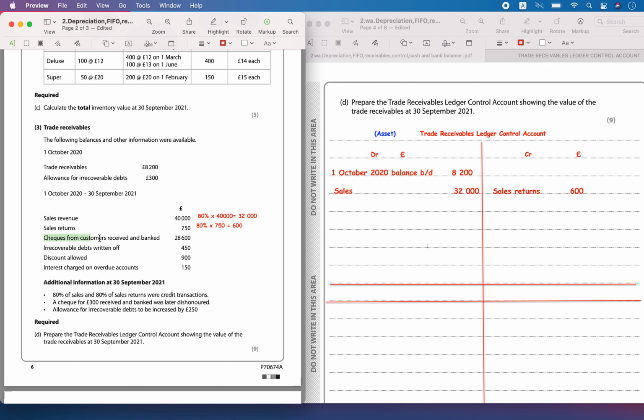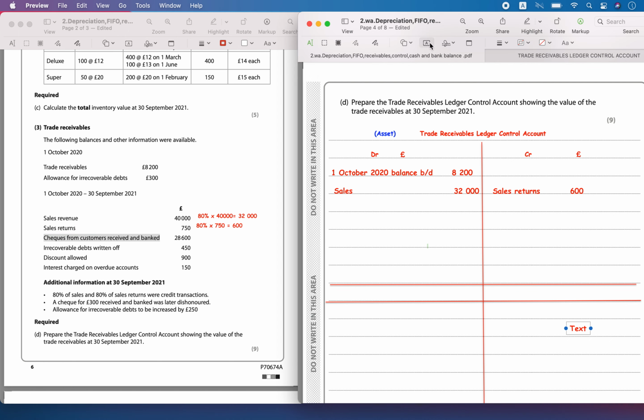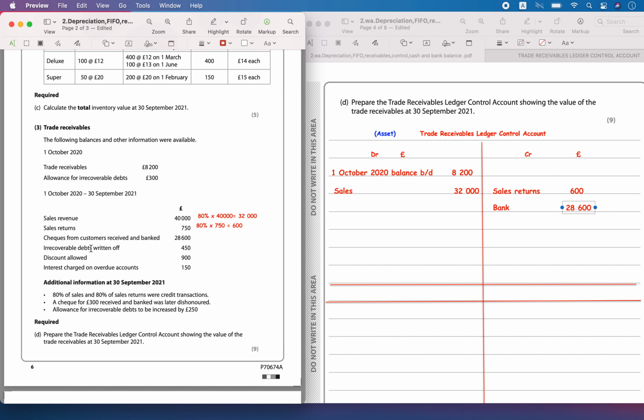And then you had bank. The cheque received from the customers, received and banked. So 28,600 was received from the customers.